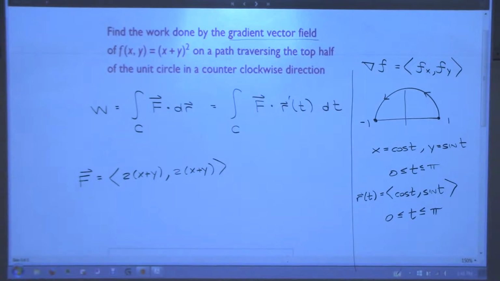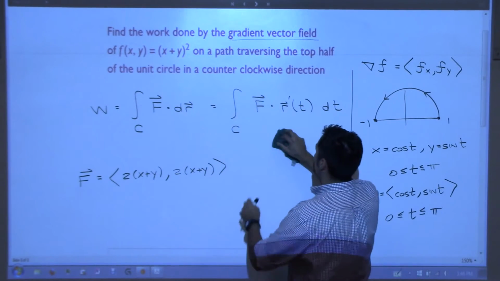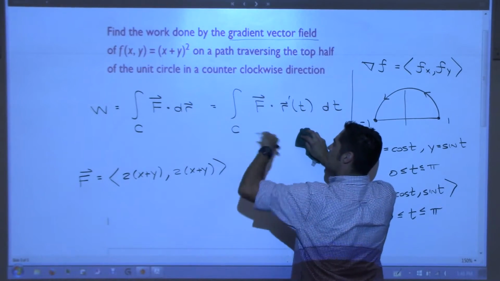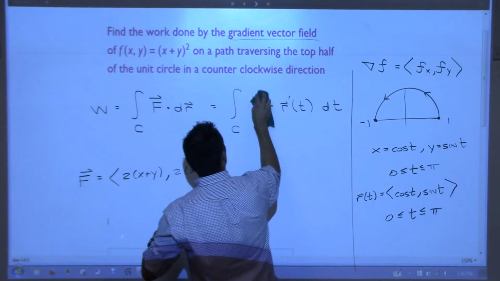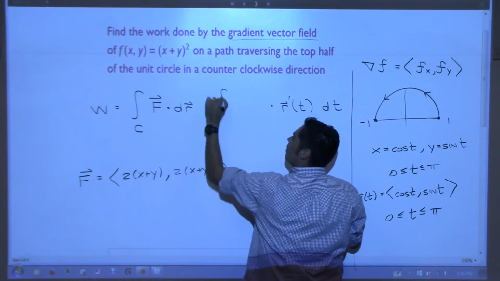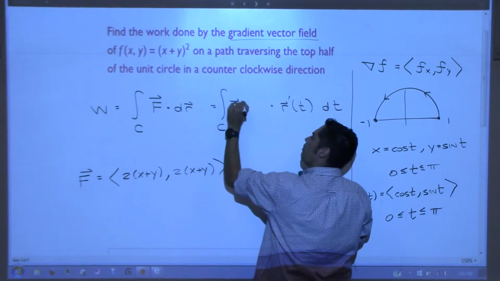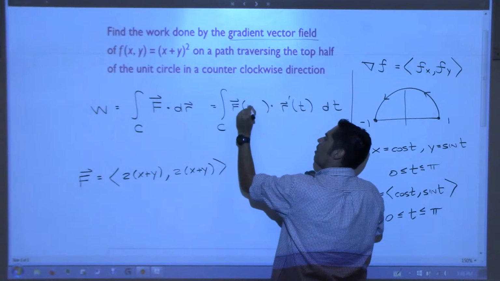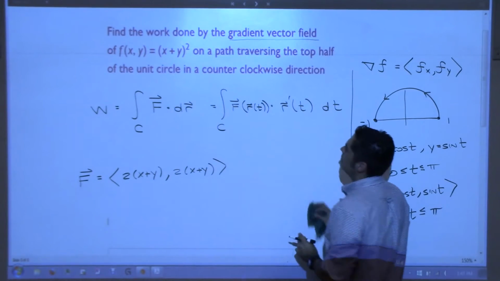You know what? I don't like my notation. I forgot something in this one. I guess I could have gotten away with it, but the way it was written in the previous note, what am I missing right there? F with what plugged into it? R of t.